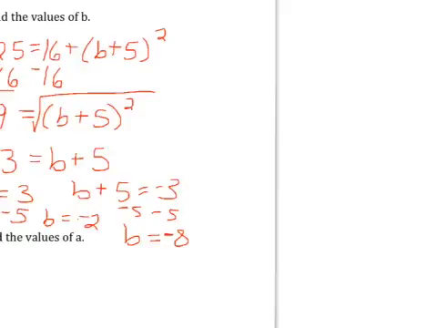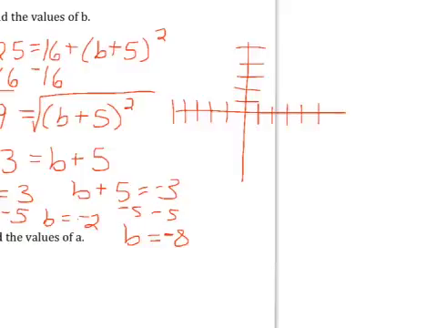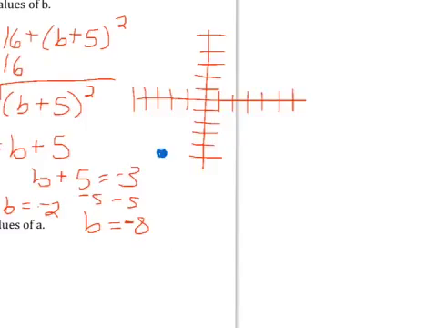If we have the point (3, -5), the coordinate (7, -2), which is one of the answers we got because we found that b could equal -2.